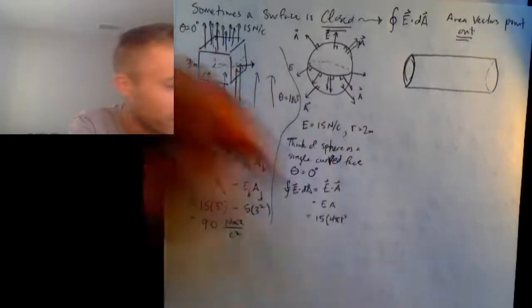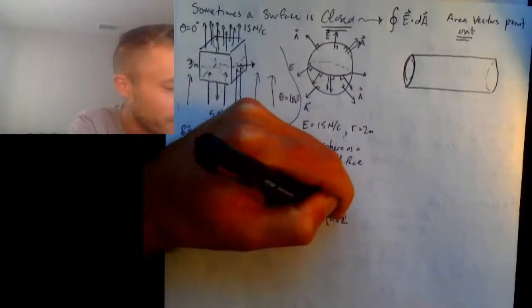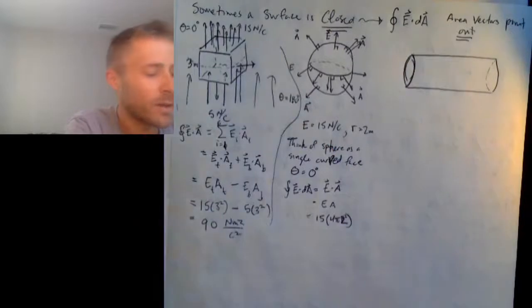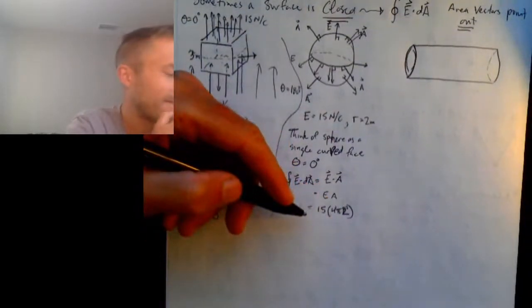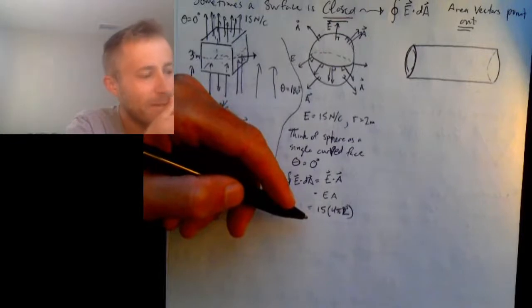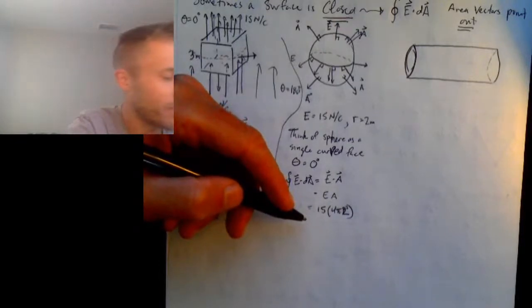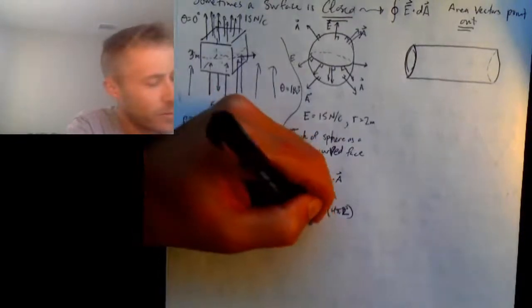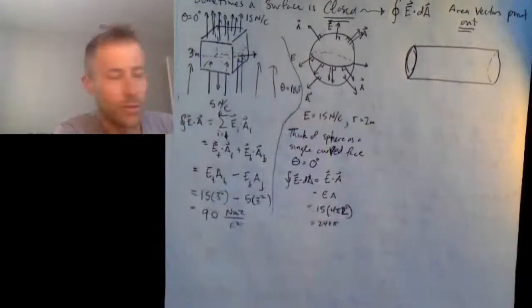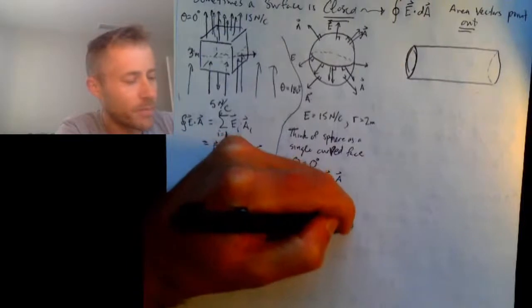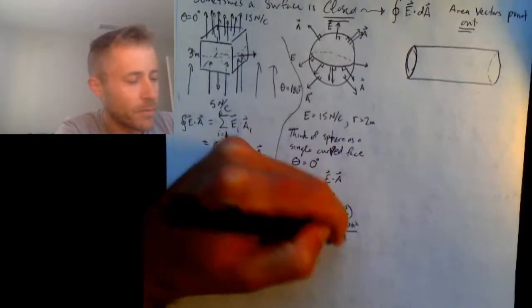So 4 pi times 2 squared. All right. So that is 16 times 15. So what's that? 240? 240 pi or something? Newton meter squared per coulomb. All right.